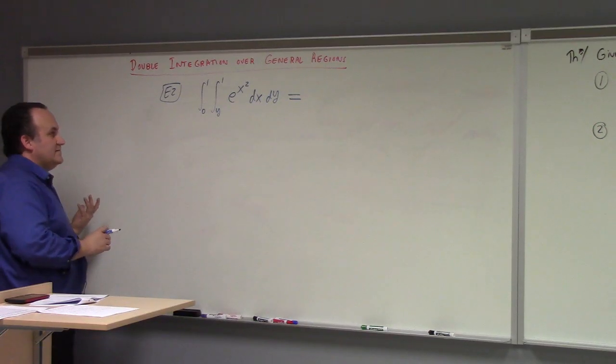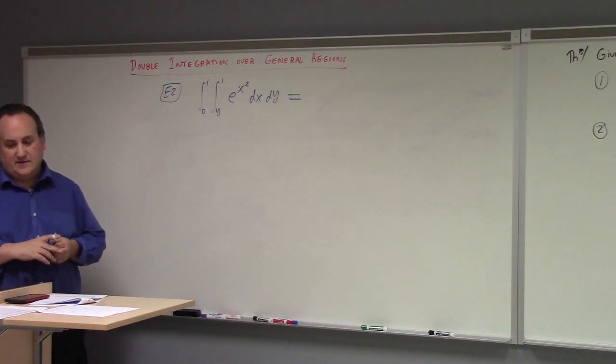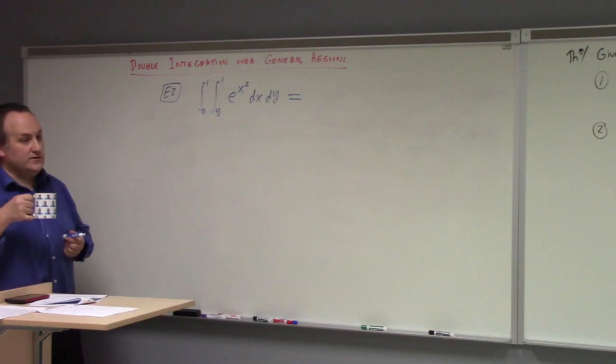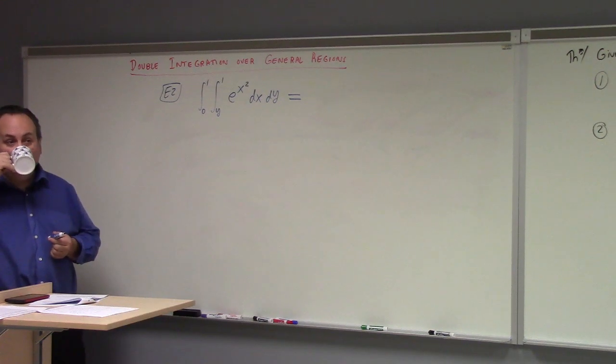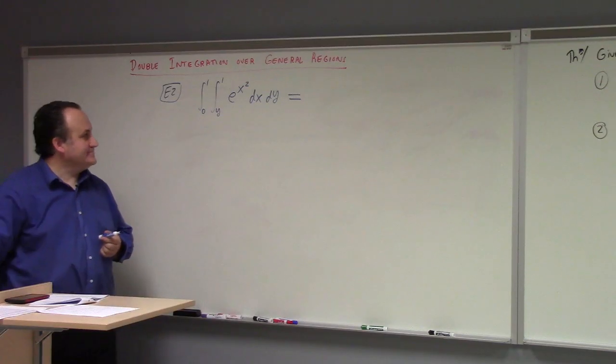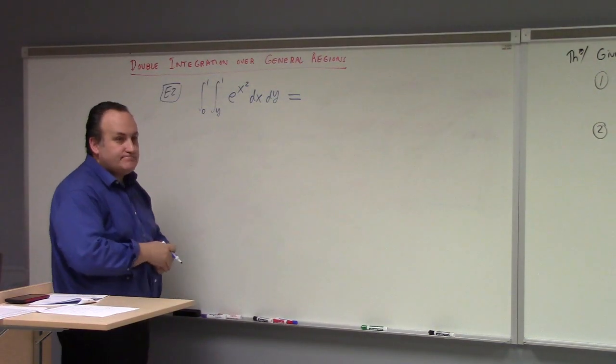Now what's the problem here? You asked me when do we need to use these theorems. Well, the answer is now, because I can't do the inside integral, because I don't know how to integrate e to the x squared.